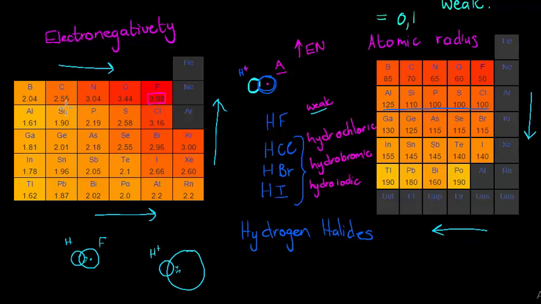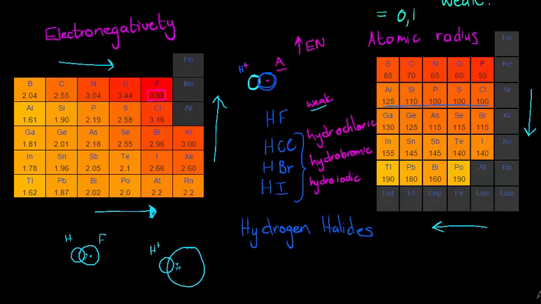Look how the electronegativity is increasing, almost by 0.5 every jump. Notice that. So in other words, as we go right across the table, we are increasing in acid strength because our electronegativity is increasing.